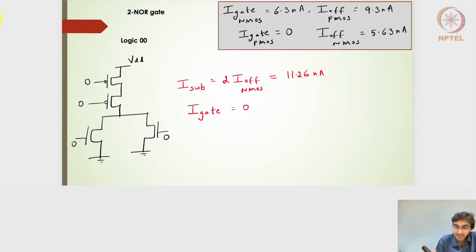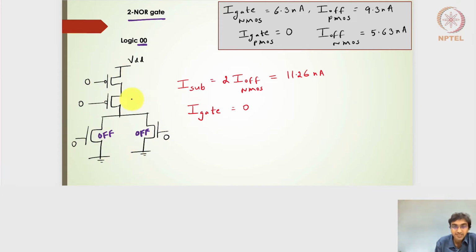Right, moving ahead. So let's take a look at the 2-input NOR gate, because this will give us some analysis towards the PMOS side subthreshold leakage current and how we evaluate the static power. So for a logic of 0, 0 here, on the pull down side I have a logic of 0, 0, so both these transistors are off. So my gate leakage current will be 0 coming from the pull down side.